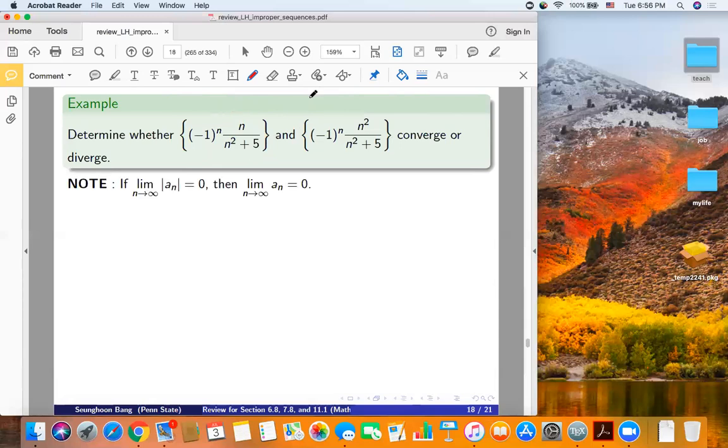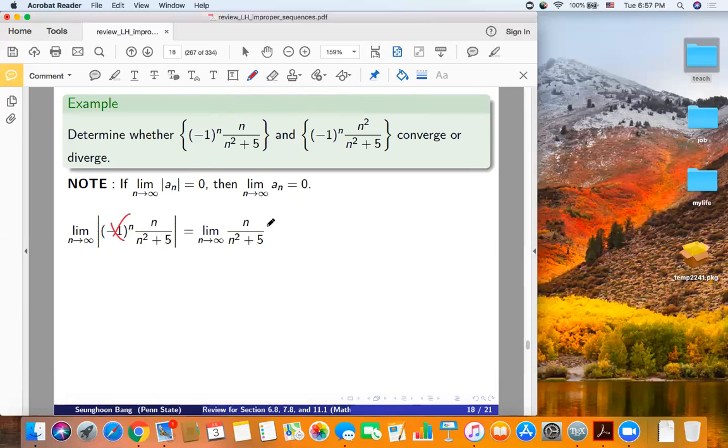Here, I can use this one: if the limit of the absolute value of a_n is going to 0, the original one is also going to 0. Take the absolute value of the sequence (minus 1)^n over n squared plus 5. The (minus 1)^n is gone; you have to ignore this one.